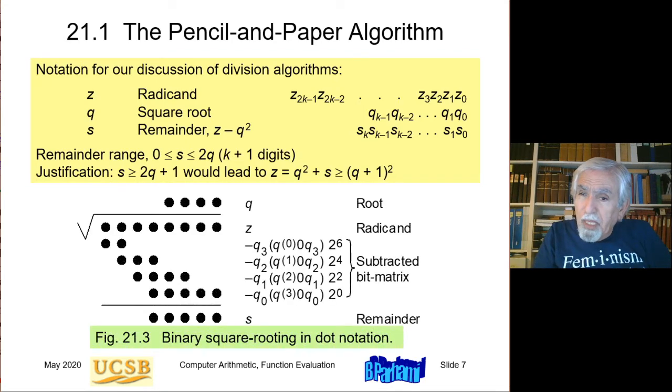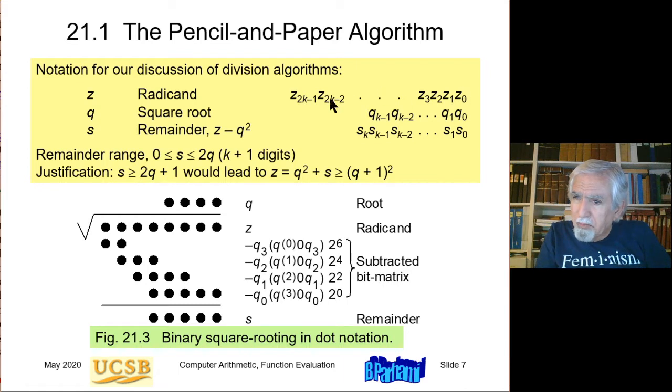So notation-wise, we extract the square root of z, which we call the radicand. Remember, in division, we have dividend and divisor. We found the quotient. Here we have the radicand, the number whose square root is to be extracted. z is a 2k-bit number.